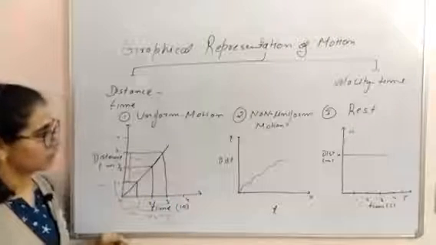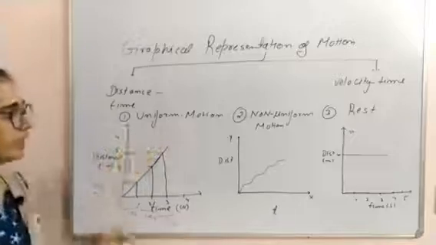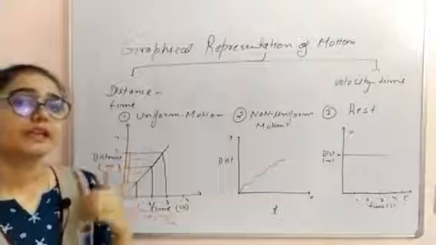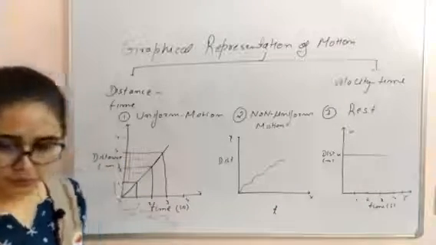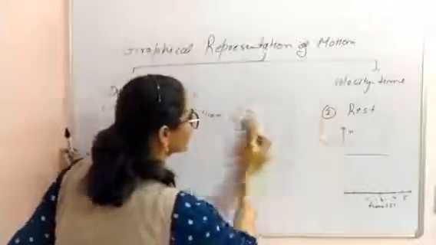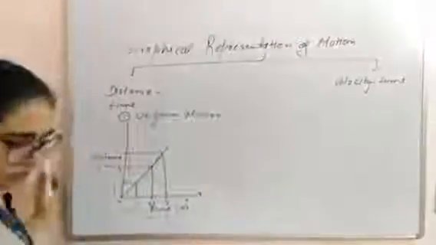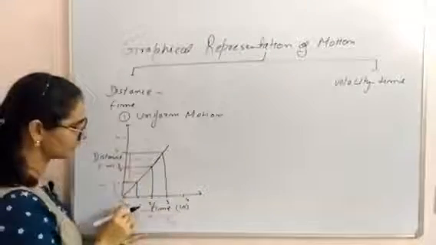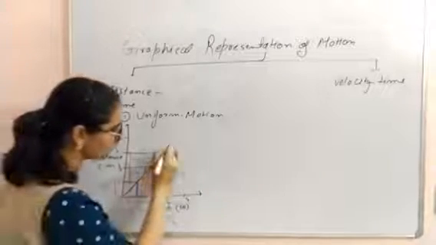Then I'm going to continue with this graph only, because here we are getting a slope, and then we will solve how we can get velocity or speed using a distance-time graph. Okay, so I'm erasing the other portion.